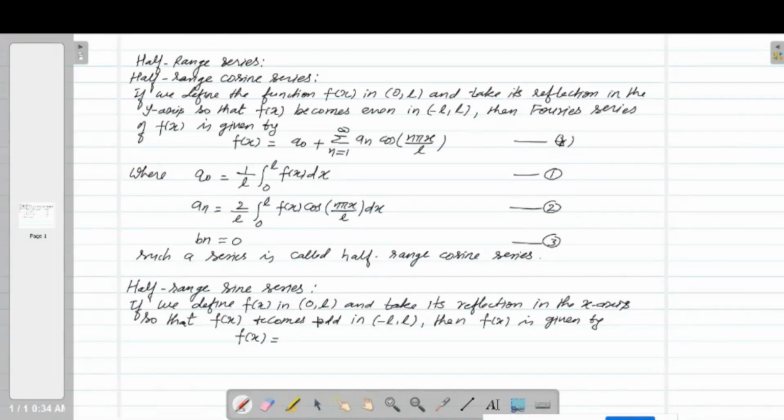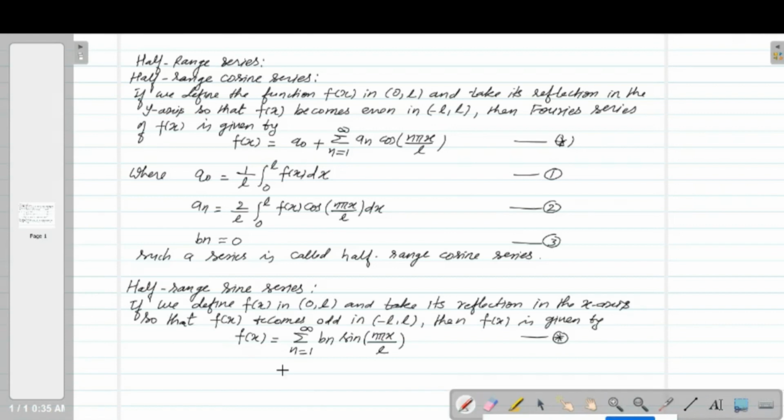So in the odd case, what happens? In the odd case, a naught is 0 and an is 0, only the bn term will survive. So just write down the Fourier series accordingly. So this is sum running from n equal to 1 to infinity bn sine n pi x by L. Okay, name this equation number star.